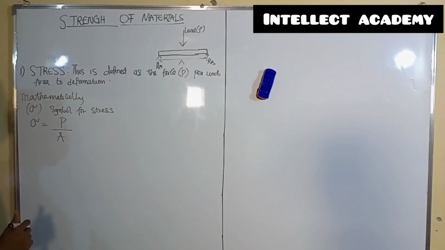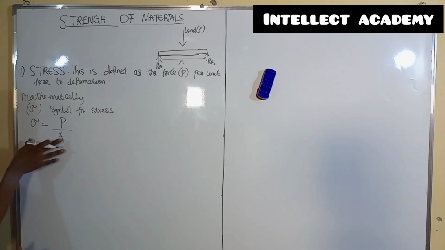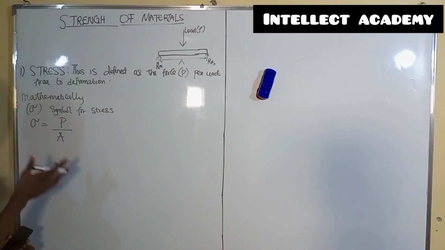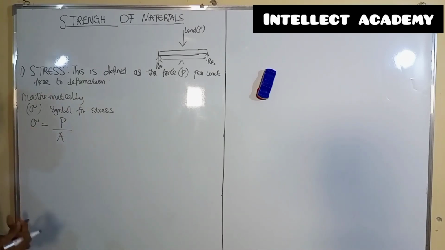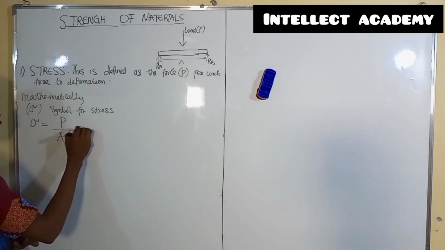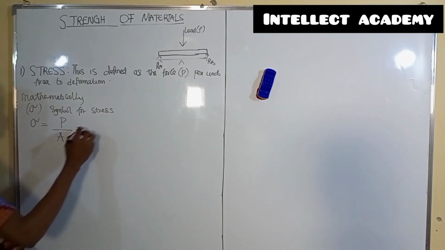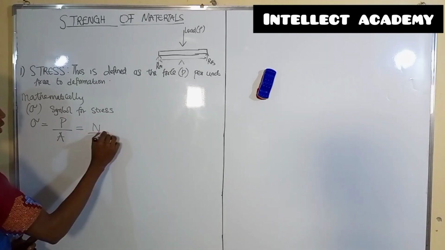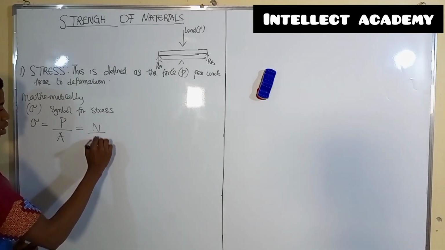So now take note that the unit for stress can be gotten from dimensional analysis. Now let's analyze these units and these parameters. Now we know that force is measured in what? Newton. Area is measured in what? Meter square.